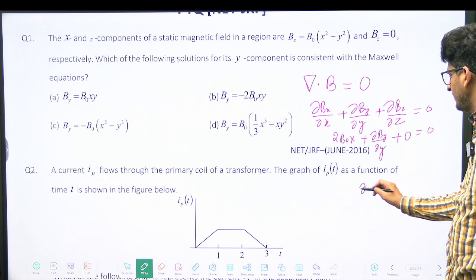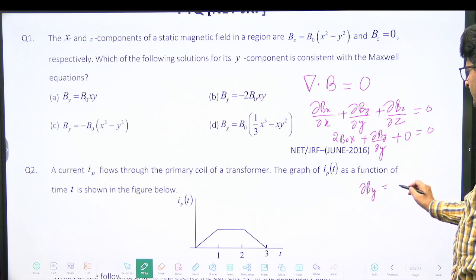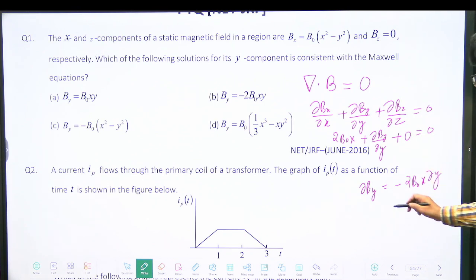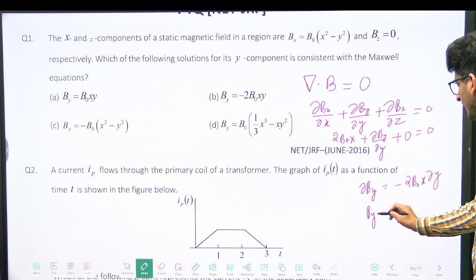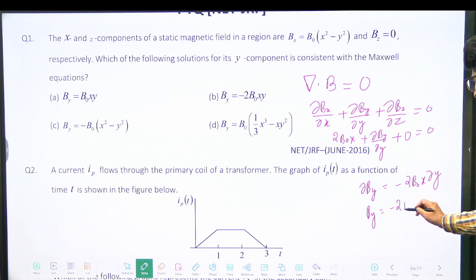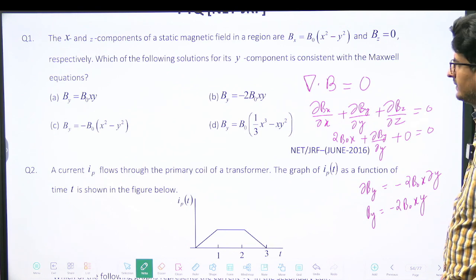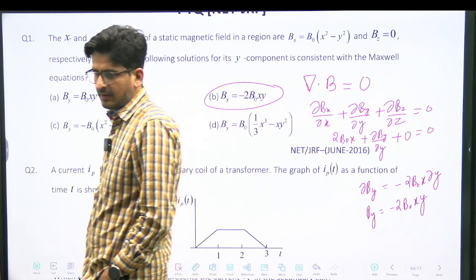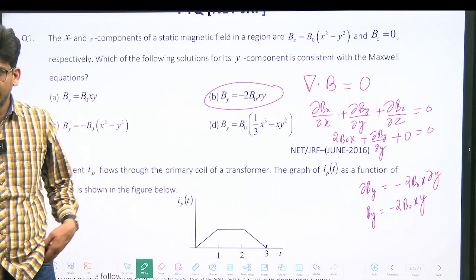Now del By will become minus 2B naught x del y. So it will be By is equal to minus 2B naught x y. So minus 2B naught x y is given by this second option. So second option is correct.